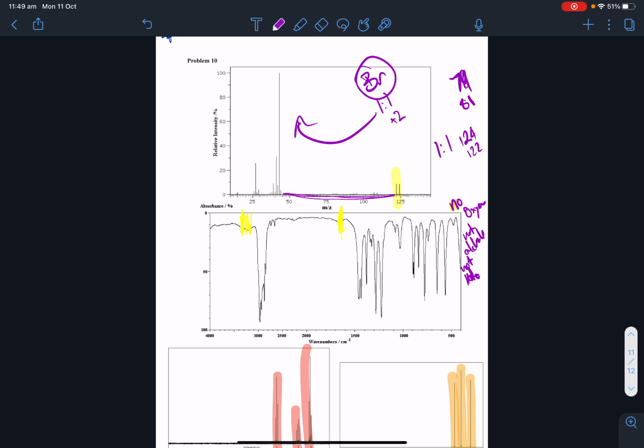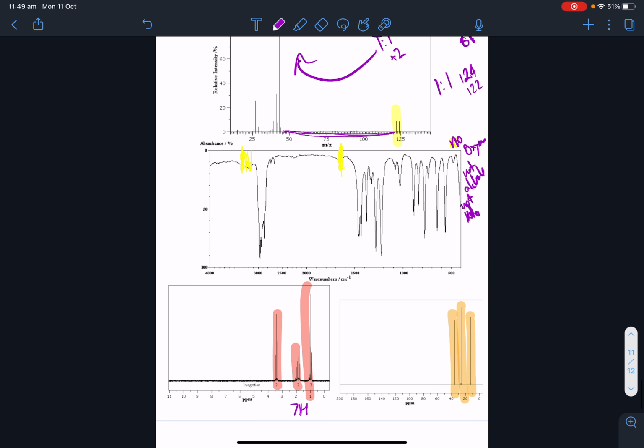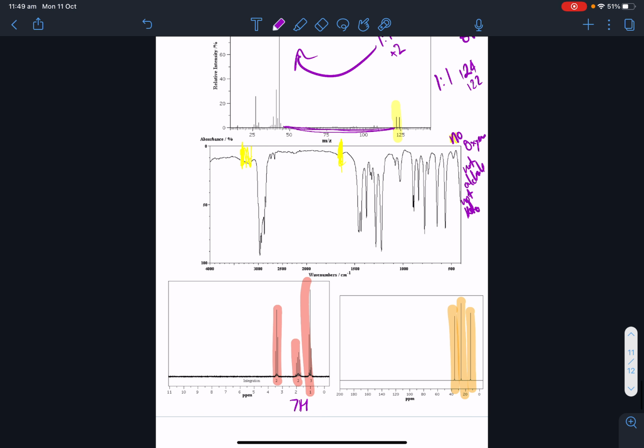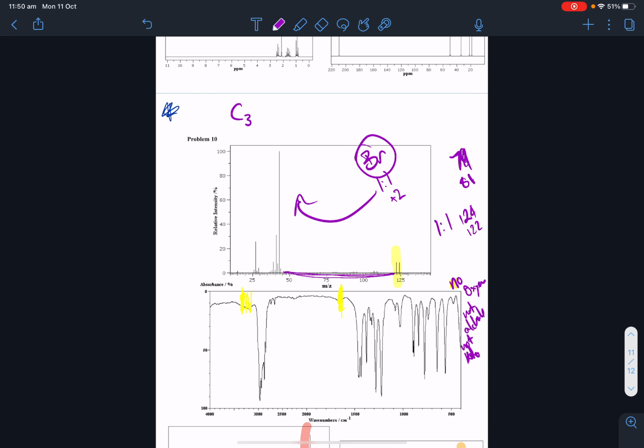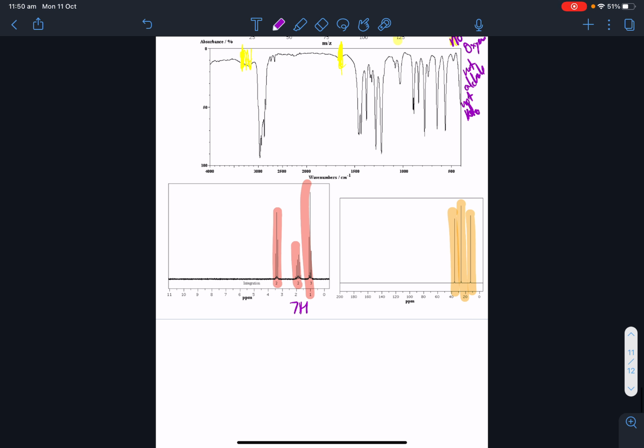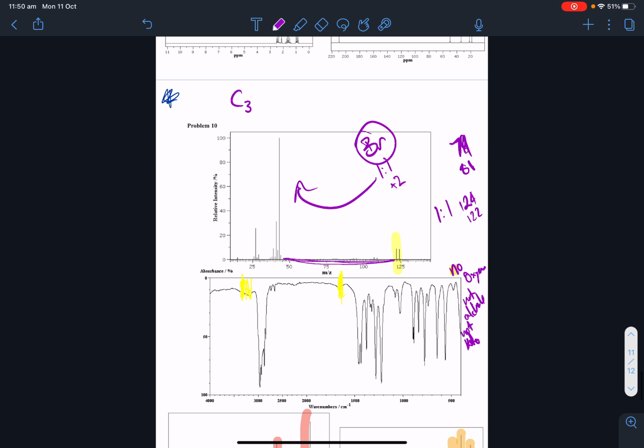So we know it's got a bromine in there. We know it's got 7 hydrogens, and we know it's got at least 3 carbons. So let's try C3H7Br and see if it goes up to 124.